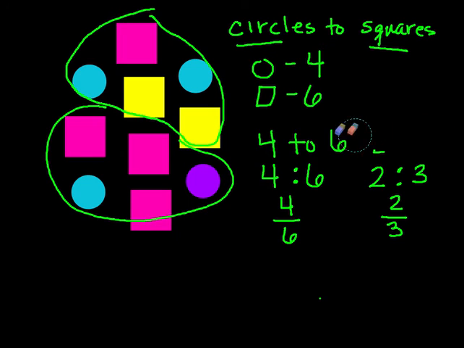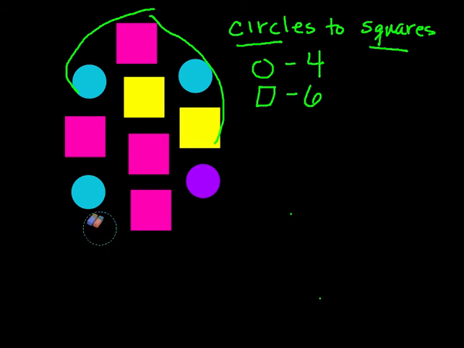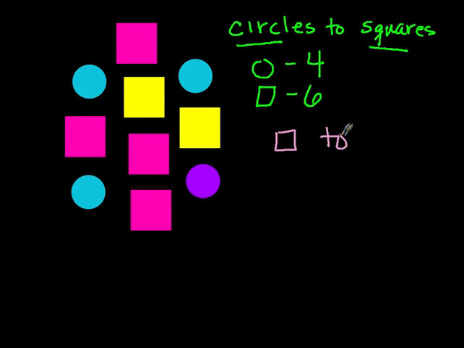Let's look at a different comparison. Still using circles and squares, let's do it in a different order. The order in a ratio really does matter. Our first order was circles to squares, so this time let's do squares to circles.